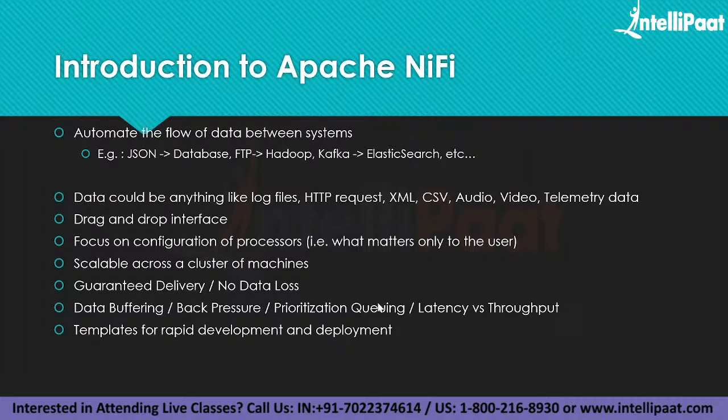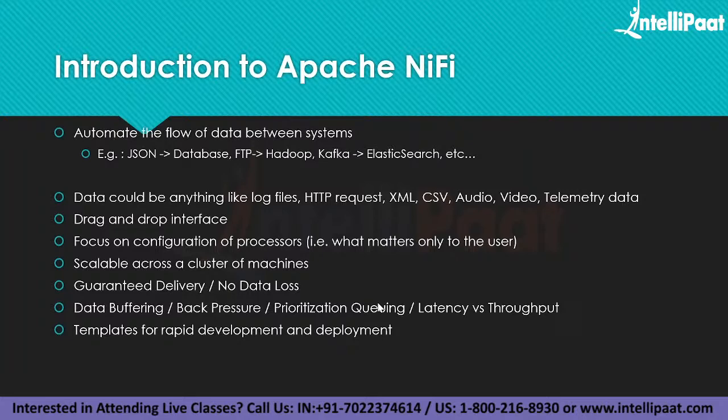Automation of flow of data between systems. Like from JSON to databases, from FTP to Hadoop, Kafka to Elasticsearch. So from one system to another. Some of the use cases very popular in the industry I've just mentioned. Data could be anything. It could be log files, HTTP requests, XML, CSV, audio, video, telemetry data, could be anything.